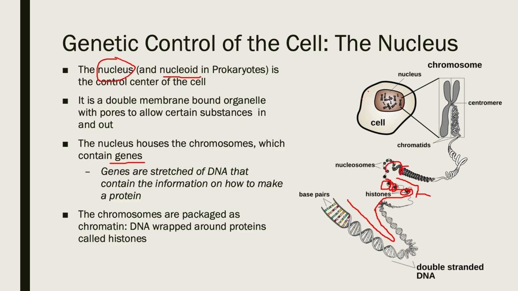Chromatin will continue to wrap and coil and condense into structures called chromosomes. So we have 3 different levels of packaging here. We have naked DNA that will wrap around proteins to make chromatin, and that chromatin will then condense and coil up into a structure called a chromosome.